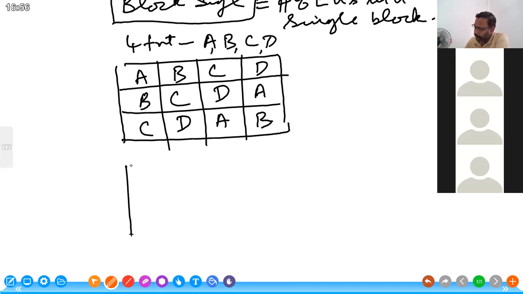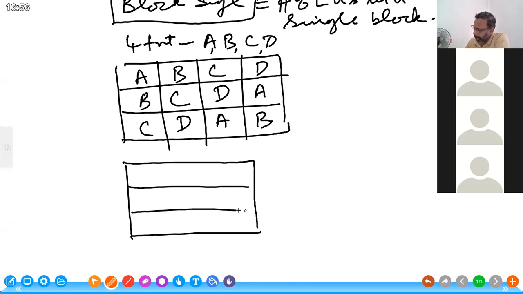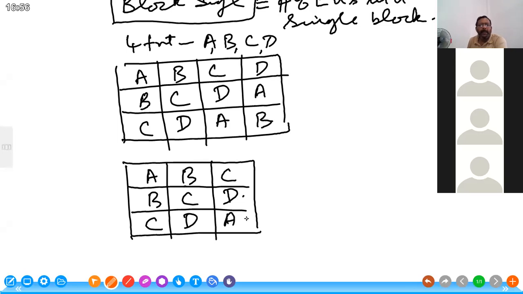So this is one arrangement. The other arrangement is this. I have 4 treatments. This is one type of arrangement, and this is another type of arrangement.